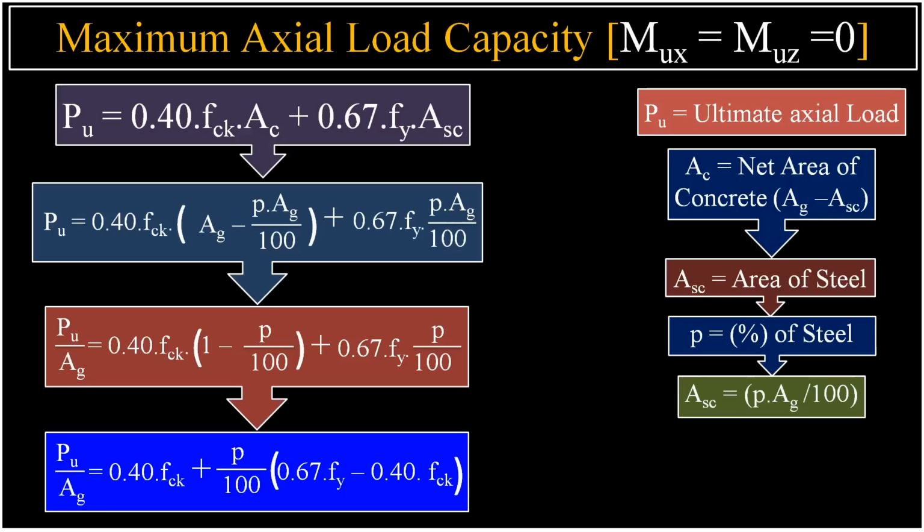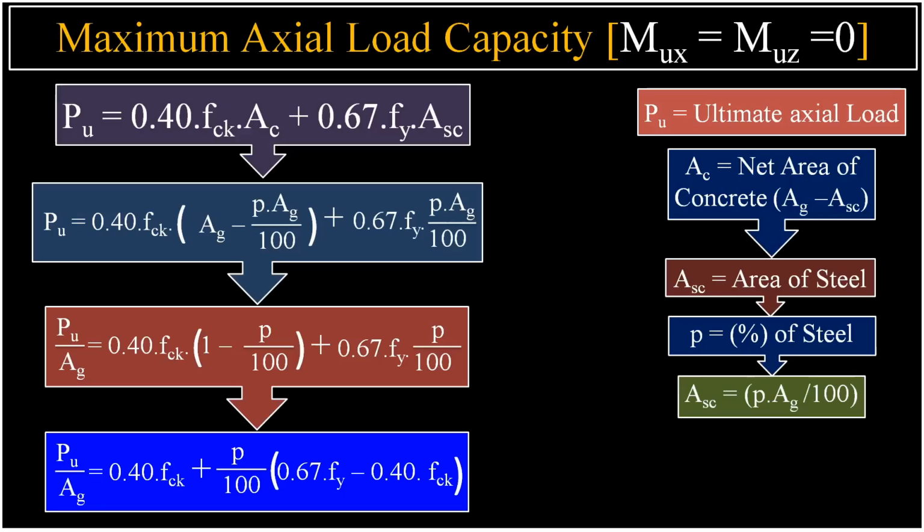PU divided by AG equals 0.40 FCK, plus the term P divided by 100 multiplied by the bracket 0.67 Fy minus 0.40 FCK. This final equation allows for easy calculation of the column's ultimate capacity based on the concrete strength FCK, the steel strength Fy, and the steel percentage P.